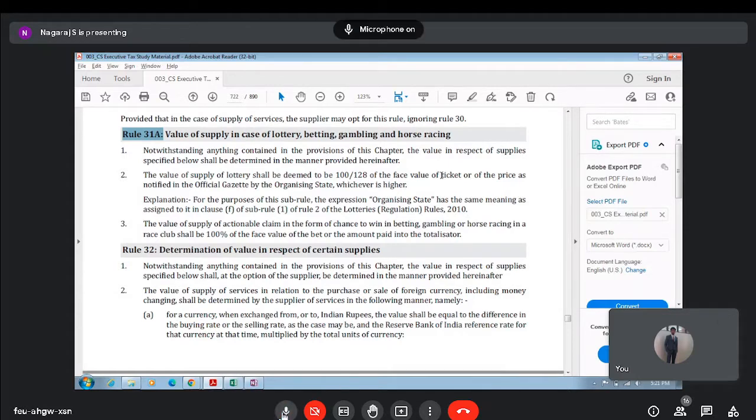First one, value of the supply of this, or the price as notified in the official gazette by the organizing state, whichever is higher. If they say the lottery ticket value will be this much, you have to compare the two. Whichever is higher will be the value of supply.